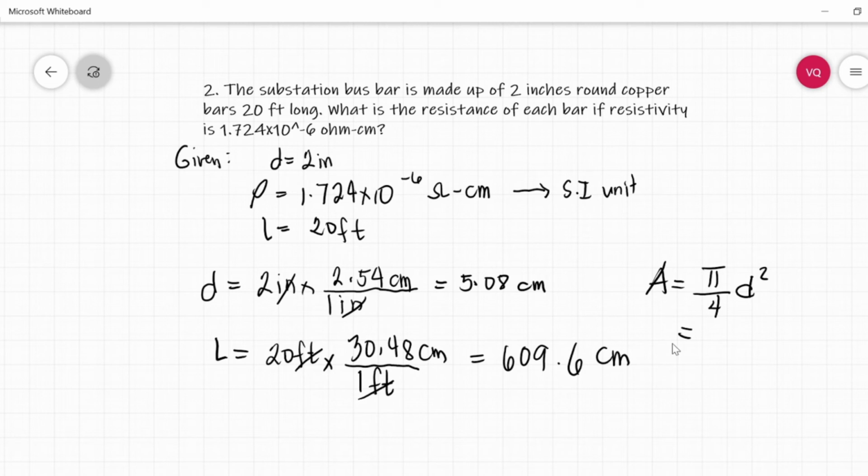So we can get now the total resistance, equal to 1.724 times 10 raised to negative 6 ohm centimeter times the length all over the area. So we will get 51.853 micro ohm, or 51.853 times 10 raised to negative 6 ohms. So the resistance of each conductor will be our total divided by 2, that is 25.926 micro ohm.